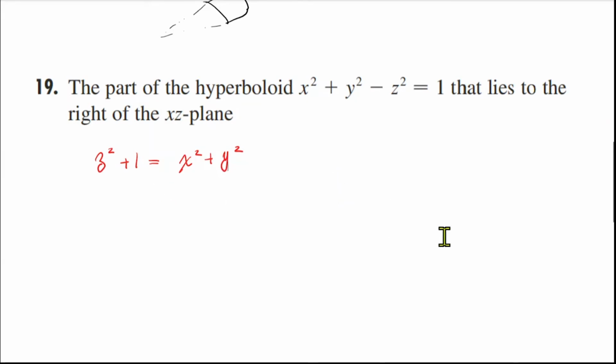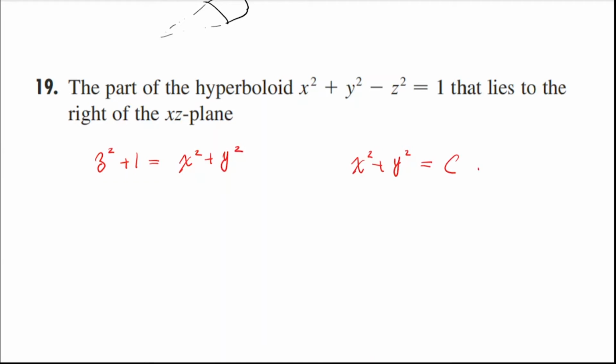Let's be clever about it. Because one way is just put x for u and y for v and then z squared. That's ugly, right? So between x and y, we see a circle, correct? Let's forget z for now. z is some constant, right? So if we are just parameterizing this, x squared plus y squared is equal to some constant.